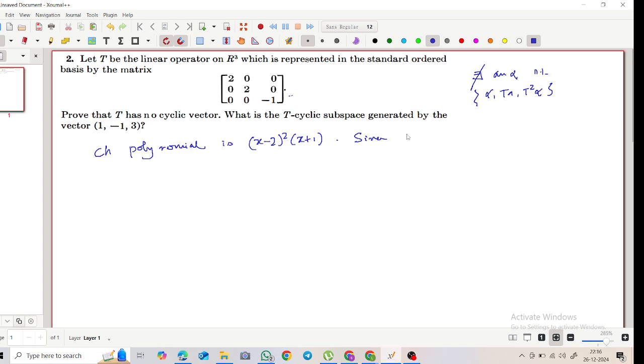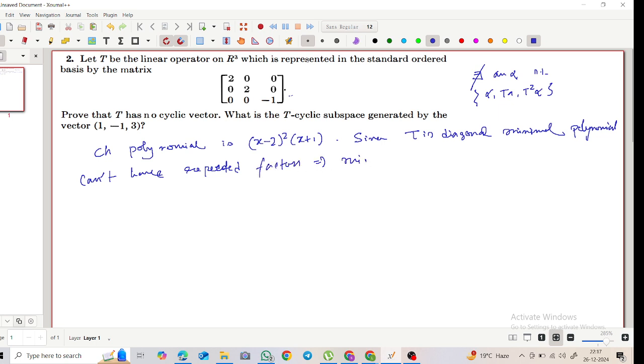Since T is diagonal, the minimal polynomial can't have repeated factors, which implies the minimal polynomial is (x minus 2) into (x plus 1). Okay.